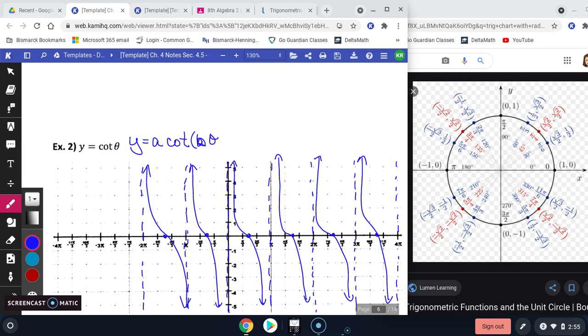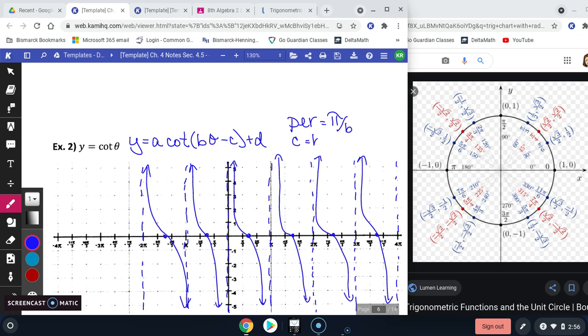Let's talk about period. Your period for cotangent, just like period for tangent, is pi divided by b. So if there's a value right in front of your theta, then that's going to affect your period.